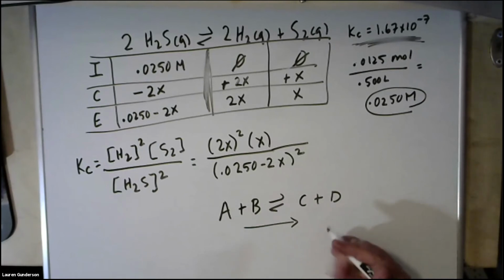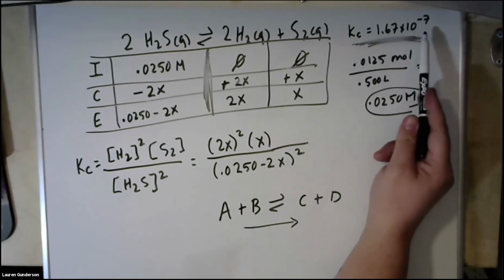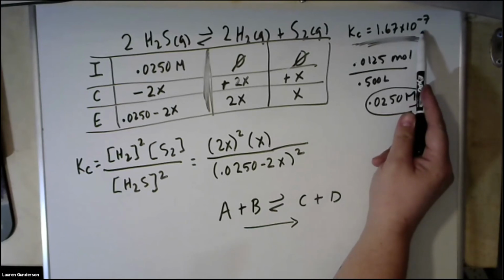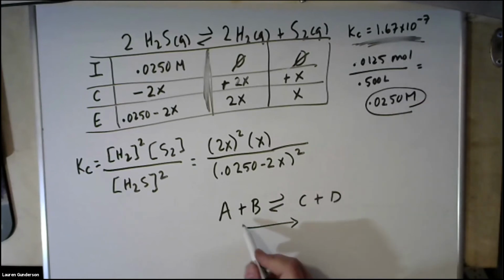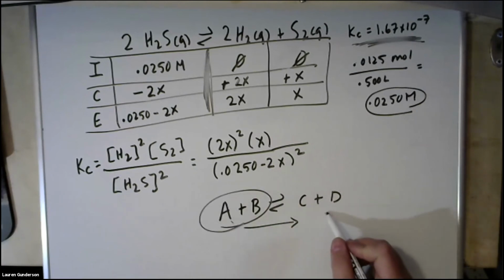So when you have a Kc value that's tiny, like times 10 to the negative 7, that means that most of your reactant is going to stay put and only very little product is going to form.